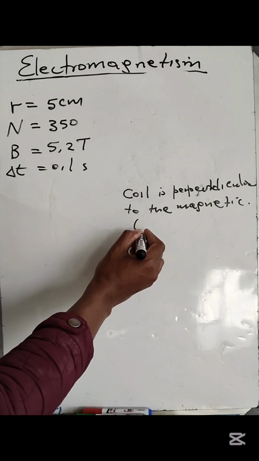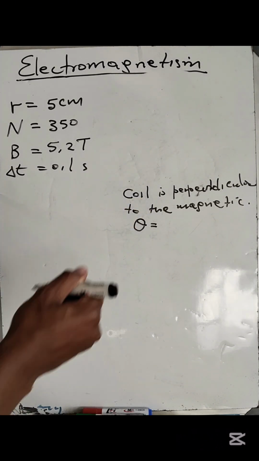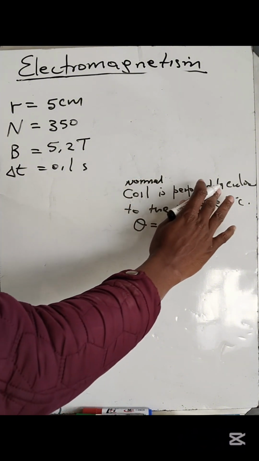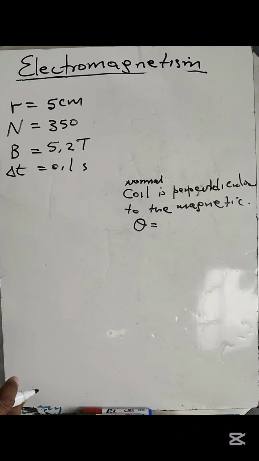So what is the angle there? Remember, the angle that we are talking about is the angle between the normal and the magnetic field. If the normal is perpendicular to the magnetic field, the angle is 90 degrees.